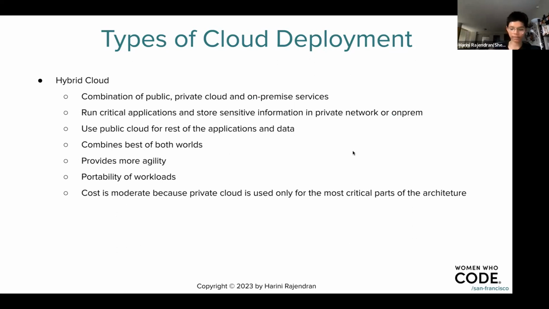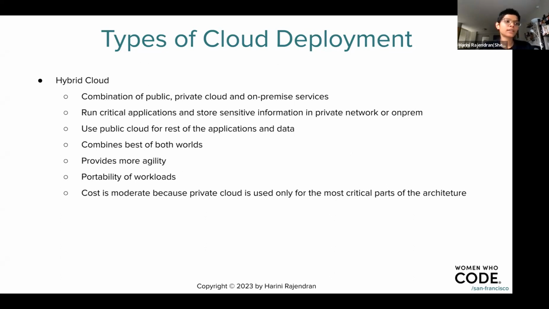So hybrid cloud, as the name suggests, is nothing but a combination of private and public cloud, and even on-prem services. The way this transition usually happens is customers would actually be running all their services on-prem, and then at some point they start thinking about cloud.